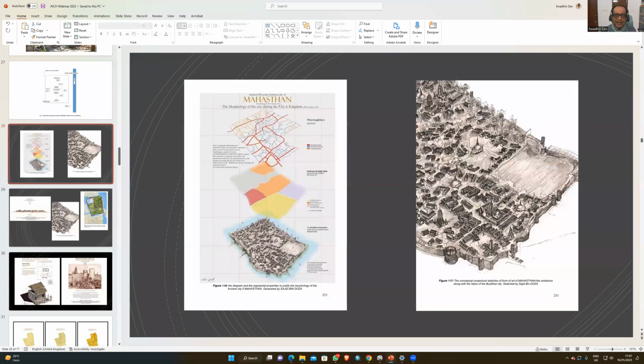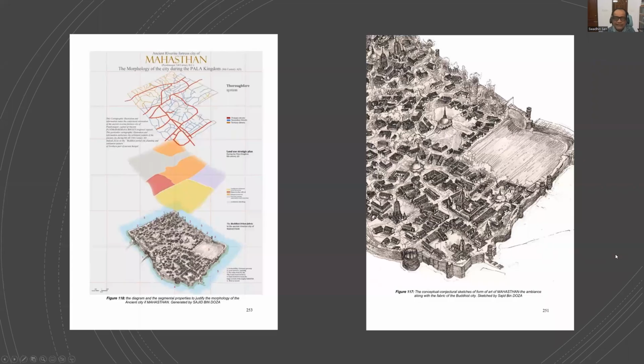I will show work of an architect from Bangladesh. His name is Sajid bin Doza. He has done his PhD thesis from University of Évora, Portugal, on Mahasthan, and I will show some of his imaginative or conceptual reconstructions of the settlements or activity areas of Mahasthan, and then I will conclude my lecture.